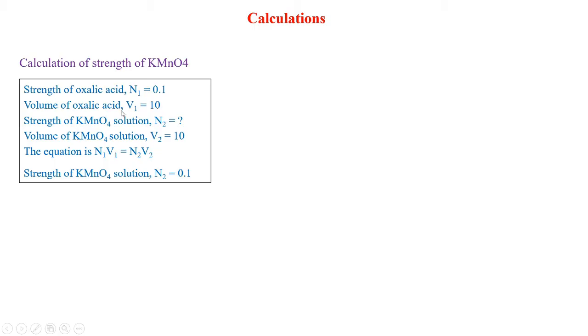From the burette reading we found that at the end point the volume of the potassium permanganate is 10 ml. So using this formula we can calculate the strength of potassium permanganate. So if we put this value then we get the strength of potassium permanganate is also 0.1. So in this way we can calculate the strength of potassium permanganate.